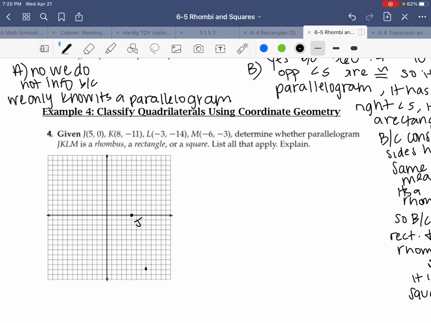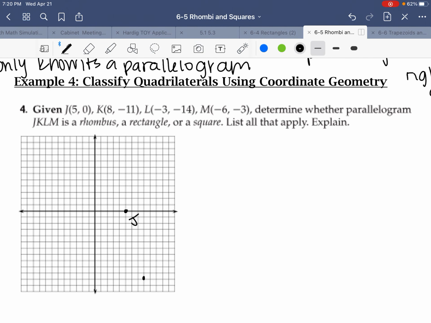It's hard to see when they're so little. We're given that L is negative 3, negative 14, so I'm going to have to go 1 off for L. And M is negative 6, negative 3.